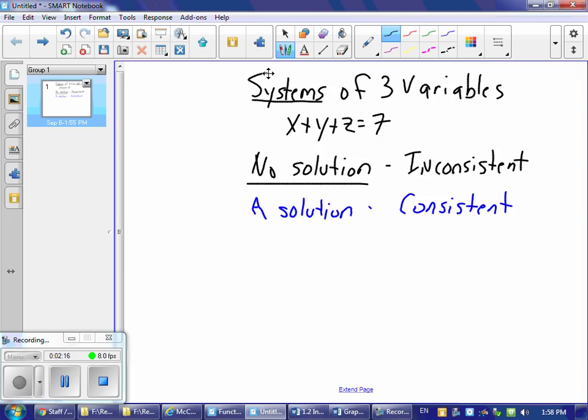Underneath the heading of a solution, we have a couple of different possibilities. If you have a solution, you could have one unique solution. If this happens, if you have one unique solution, it is called independent.